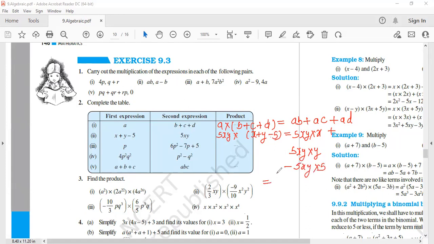There is minus, so minus sign, 5xy into 5. So this will give you 5x square y plus 5xy square minus 25xy. Look at it, there is no extra number except 1. So 5 is simply here, but here 5 fives are 25. So this is the answer for the second one.